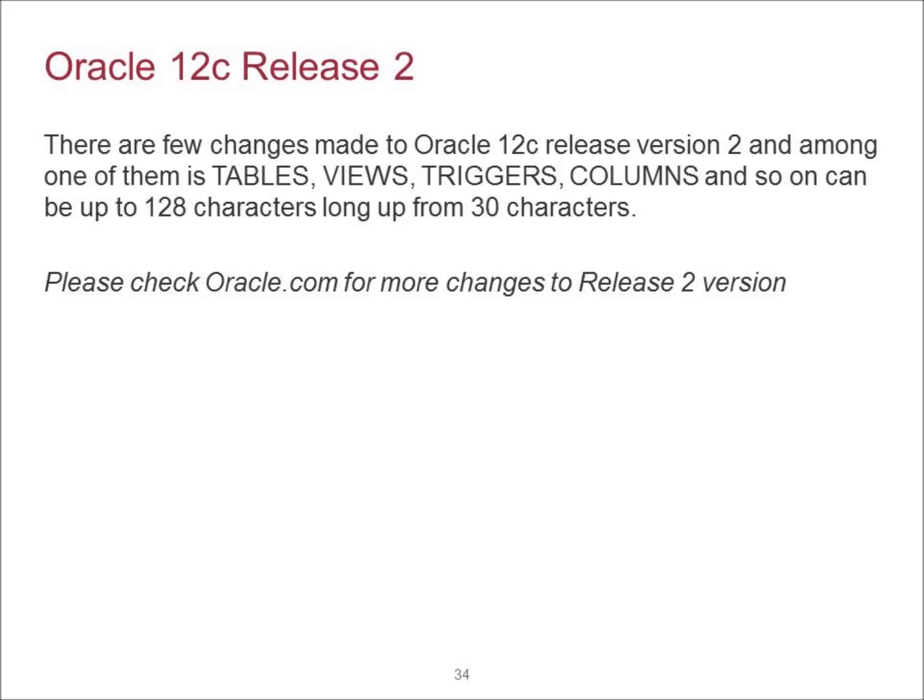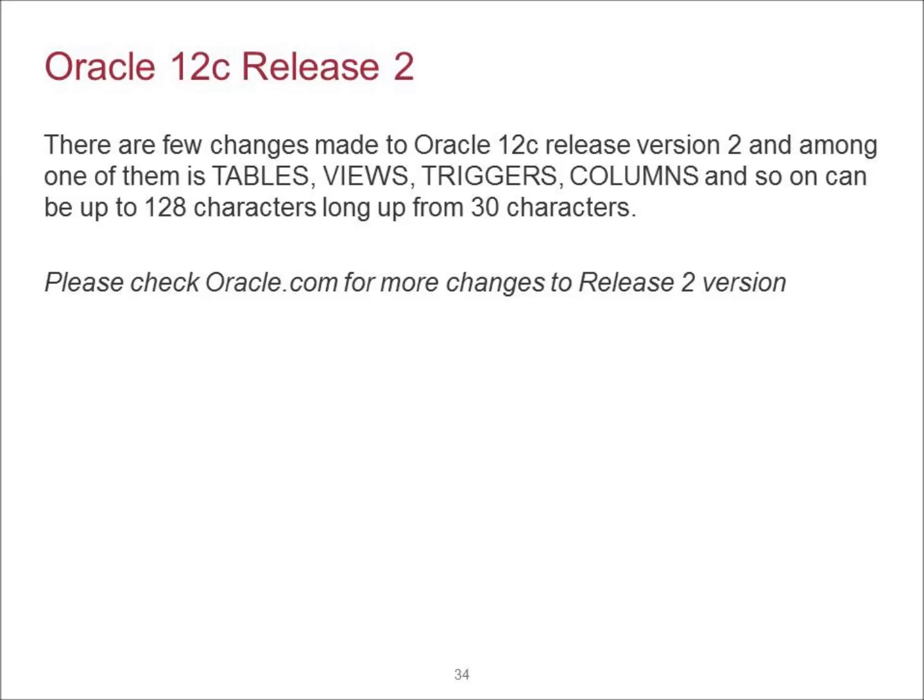With Oracle 12c release 2, we are currently at release 1 right now, but with release 2, Oracle made some changes to the length of the names for tables, views, triggers, columns, and so on, up to 128 characters long from 30 characters.